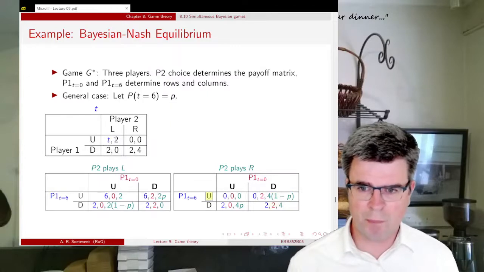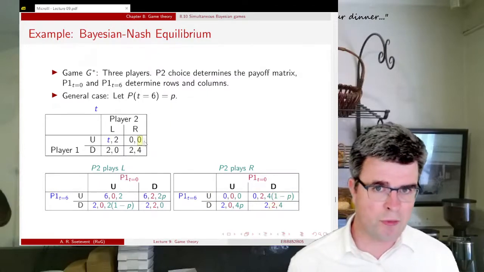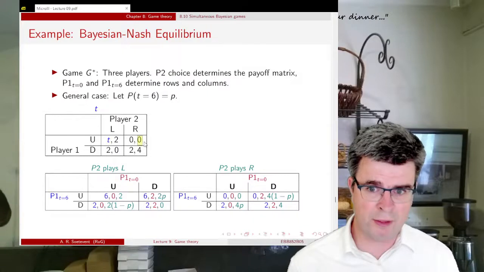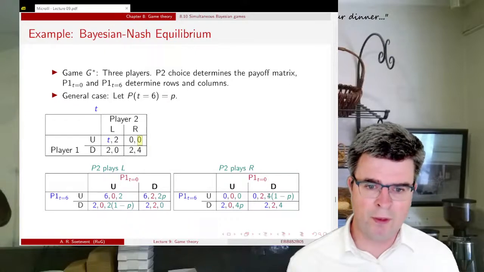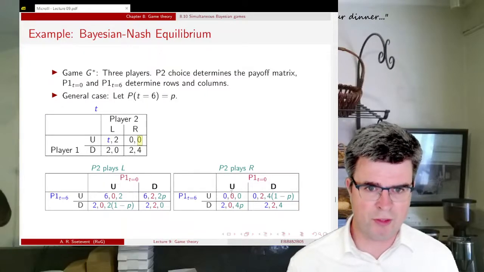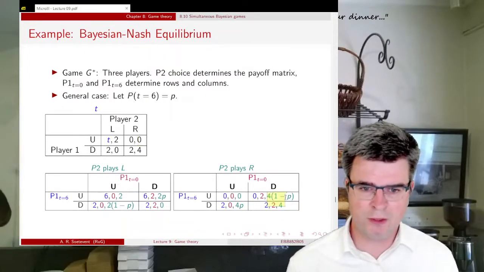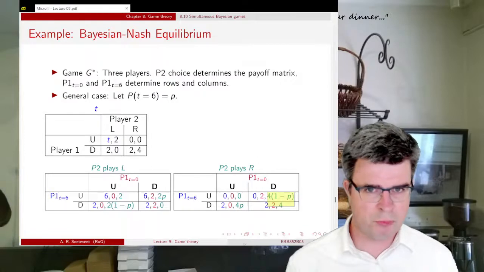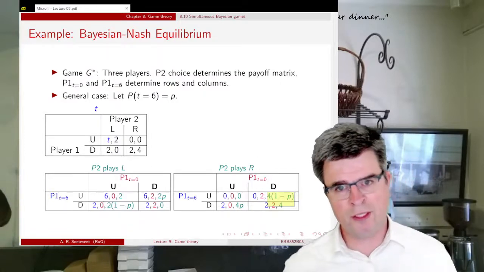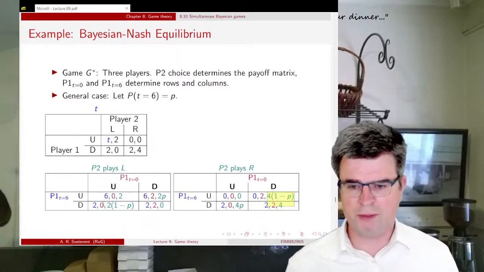Well, if player 1 plays up, then the payoff to player 2 of playing right is equal to 0. So the expected payoff of player 2 of playing R, given the type player 1 is, is 4 times 1 minus p. And in this way you can fill all entries of both matrices.